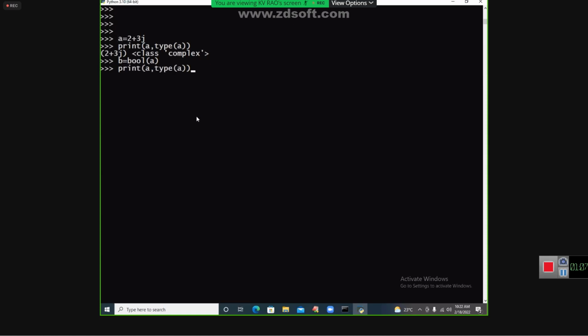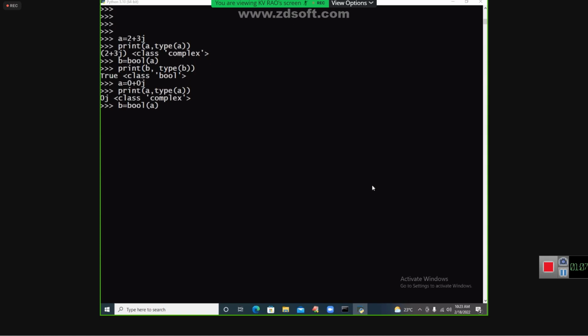Now print of B. See how beautiful this answer is. A is equal to 0 plus 0j. Answer please. Somebody is saying true.